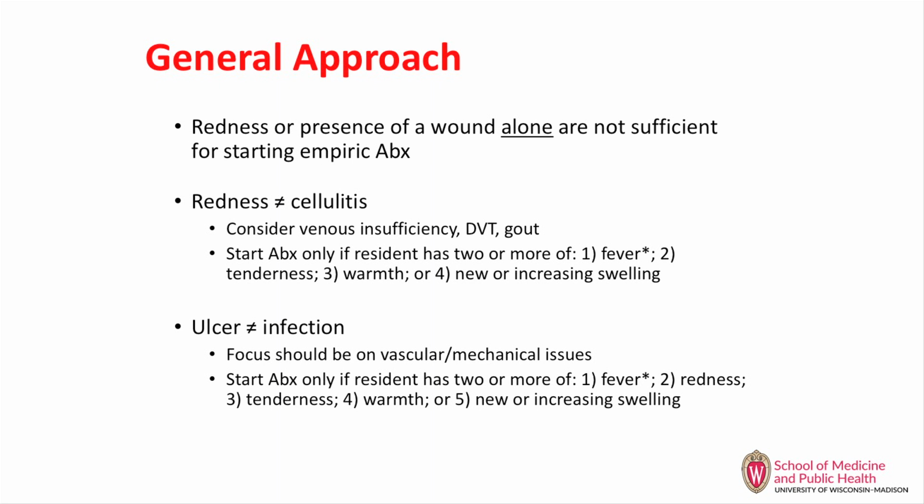They have dependent rubor. It's very common after a bout of cellulitis to get post-infectious capillaritis, or dilation of the capillaries. What happens when they leave the hospital? They get up and walk around, and now their foot is dependent, it gets red, but they have no fever. They may complain that their leg is a little bit tight, but they don't have significant pain. Their white count is normal. If you check a CRP, it's normal.